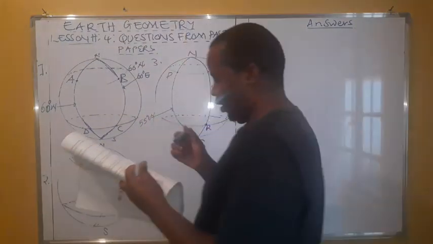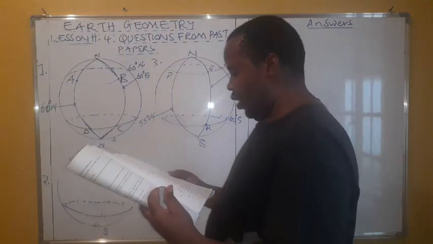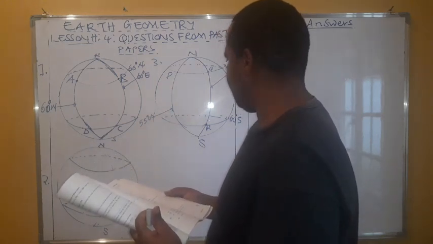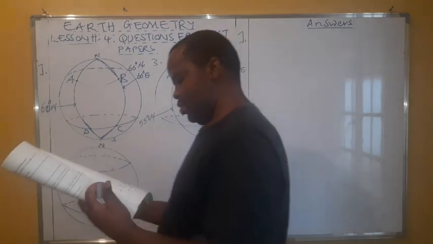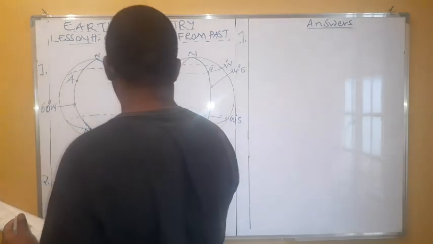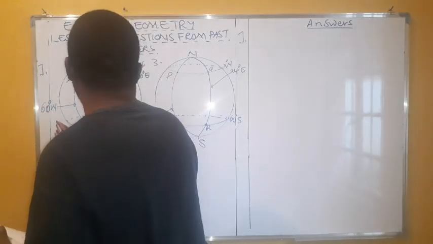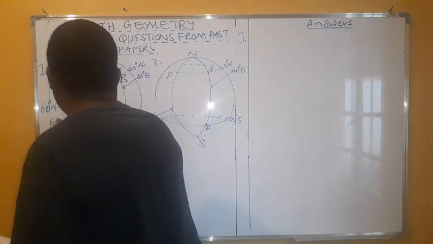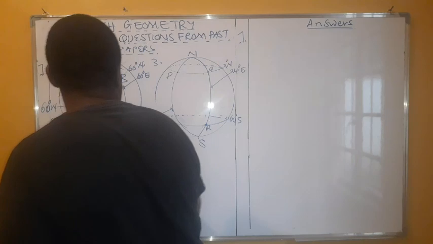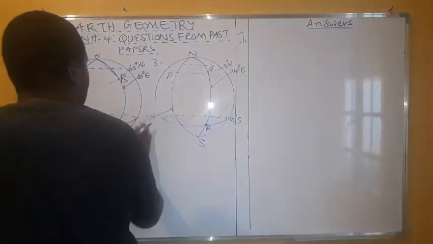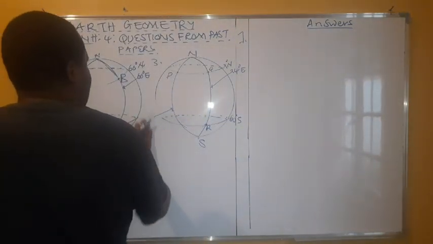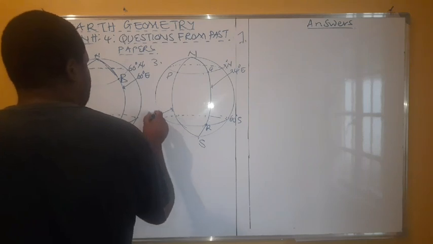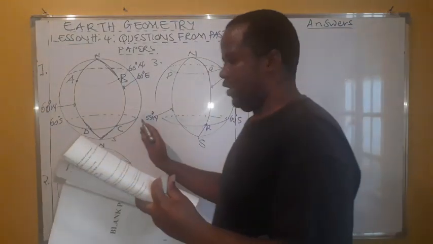Take note, C and D are points on latitude 60 degrees south. Let me write 60 degrees south because I don't have enough space here. This is 55 degrees west.